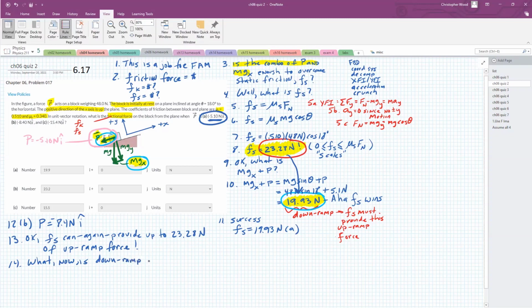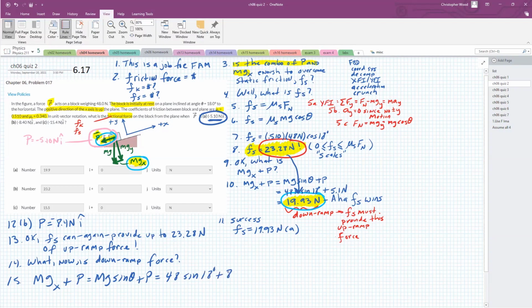And the answer is still the sum of those two vectors. It's still going to be mgx. Mgx is a downward force. So is P. That's a downward force. And with numbers now, I have mg sine theta plus P, or mg is 48 times sine of theta, and theta is 18 degrees, plus P, but P has grown.